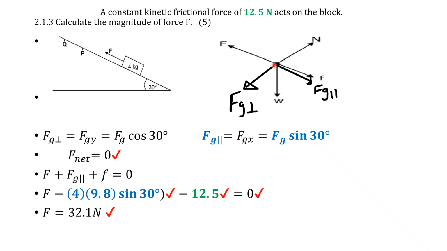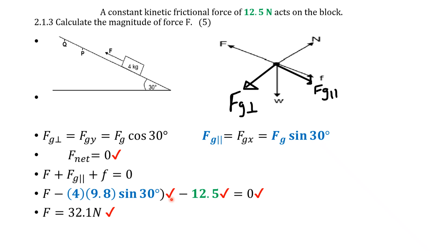My mass is 4 kg, so minus 4 times 9,8, that's for Fg, and that is sine 30 for parallel. That gives me 39,2 divided by 2, 19.6.